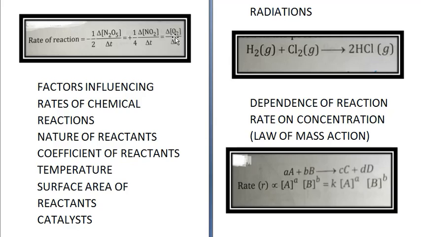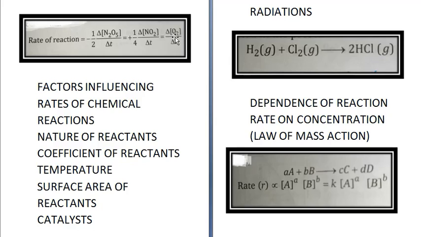Next is surface area of reactants. Finely divided reactants have a large surface area, so they react more rapidly than bigger reactants. So the smaller the size of the reactant, the faster will be the rate of reaction. Next is catalysts.